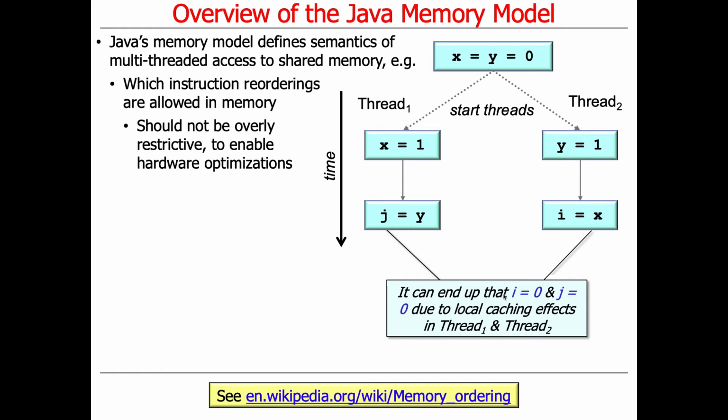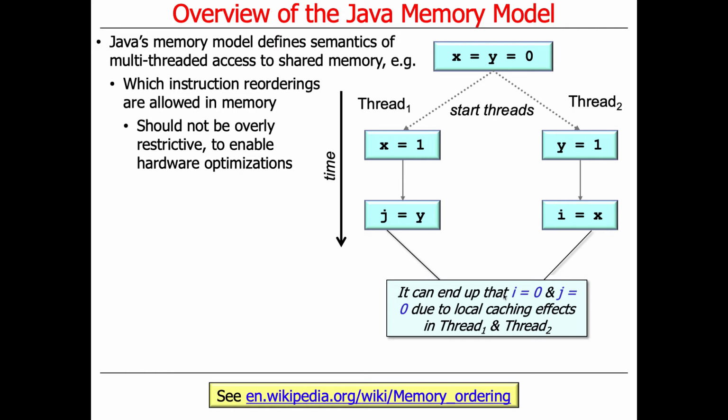Thread 1 is going to set X to 1, thread 2 is going to set Y to 1, and then thread 1 is going to read the value of Y, and thread 2 will read the value of X. And so the question you might ask yourself is, what are the values of I and J after this code is executed? Well, it turns out that if you don't have any synchronization in your code and you run your program lots of different times, it might end up that after these two instructions run, I equals 0 and J equals 0.